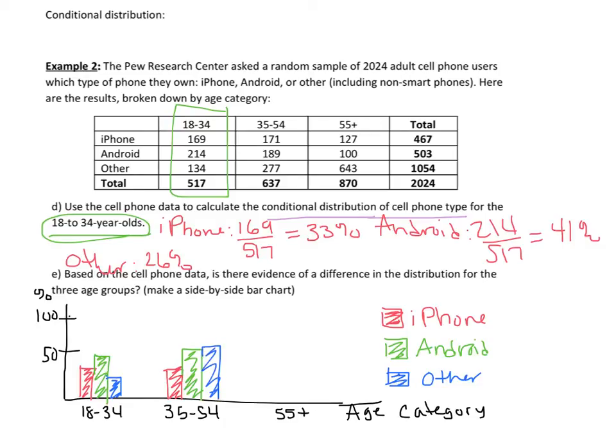You'll find that I did not draw this to scale very well, but hopefully yours looks a little better than mine. One thing you can do before you draw it is on your percent scale, you don't actually have to go up to 100, because the highest one I have is approximately 70 to 80% in the 55 plus category for others. So if you only want to go up to 80 or something, that's fine. However, since I made it already, I'm just going to continue doing what I have.